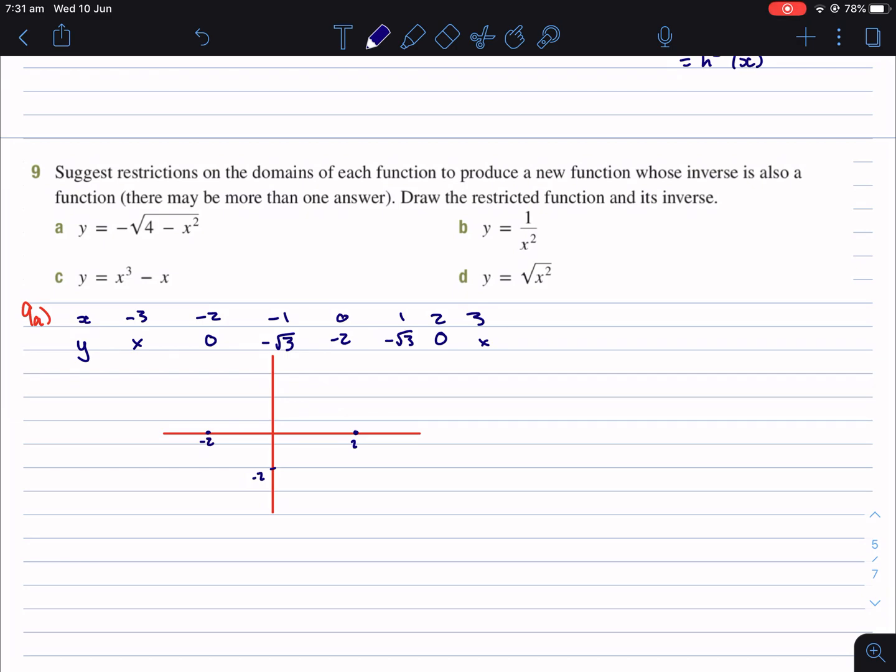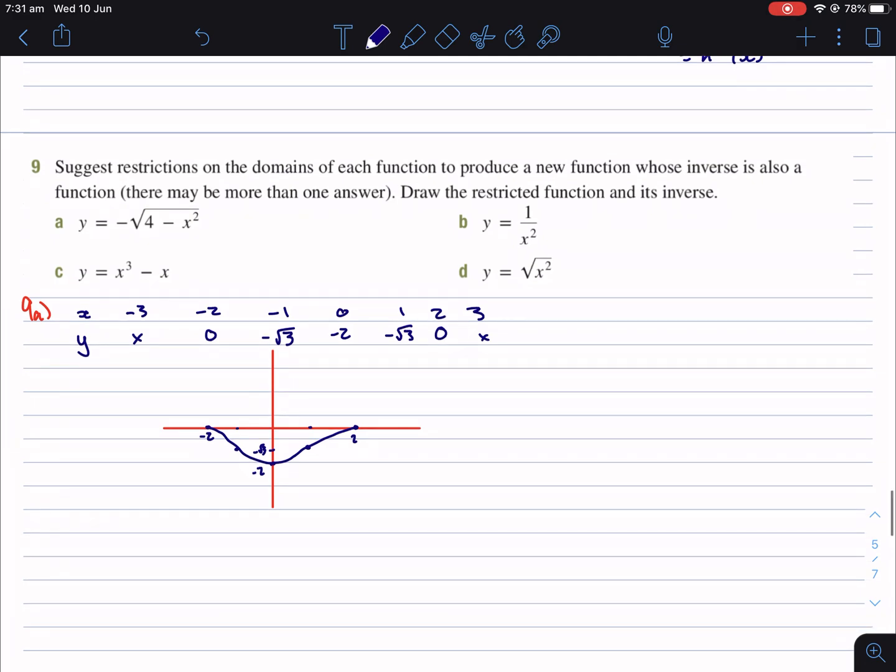What is this going to look like? Now I'm really confused. So it's going to go through here, here, here. So it's literally going to look like that, and then it's going to stop.